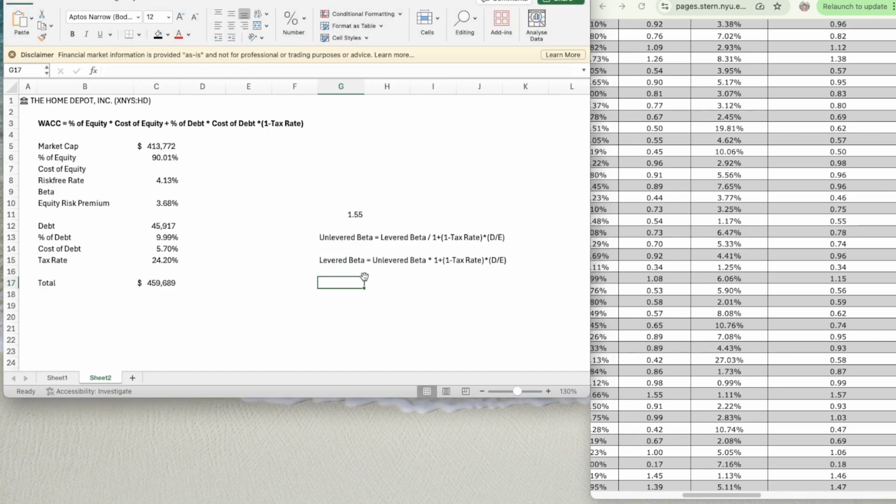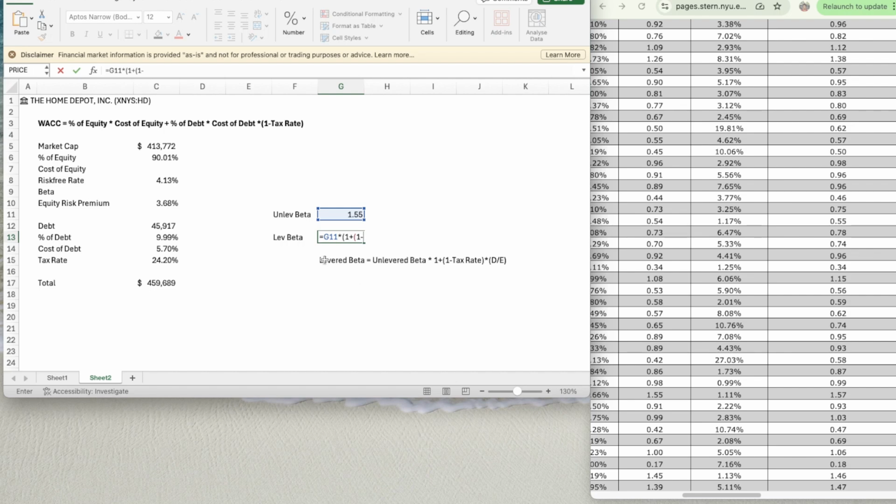Okay, so now we've got that. Let's calculate what that's going to be. It's going to equal the unlevered beta, 1.55. Let's leave that there, so that if we update it, we can keep it dynamic.